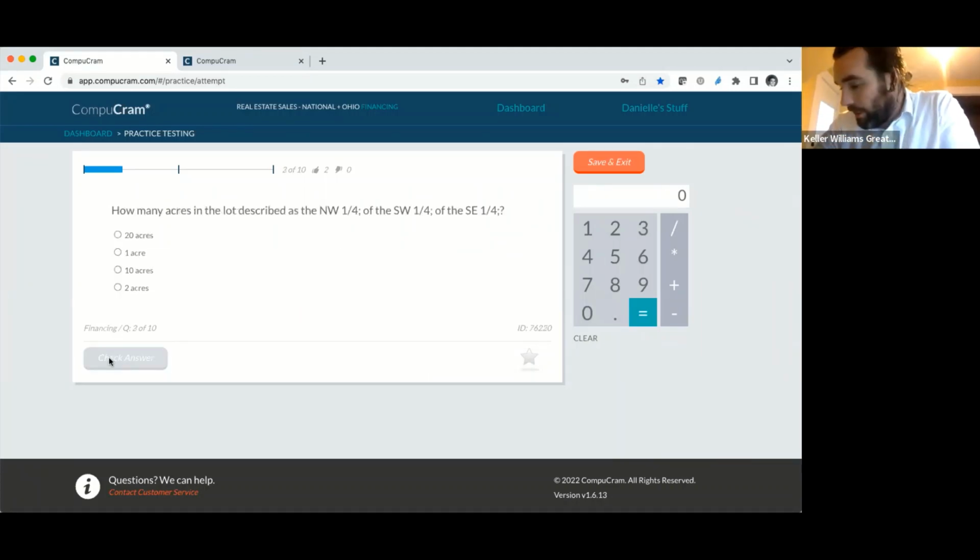Question number 3. How many acres in the lot described as the northwest quarter of the southwest quarter of the southeast quarter? How many acres are in that lot? Is it A, 20, B, 1, C, 10, or D, 2 acres?